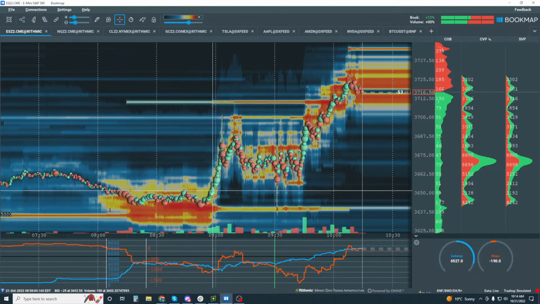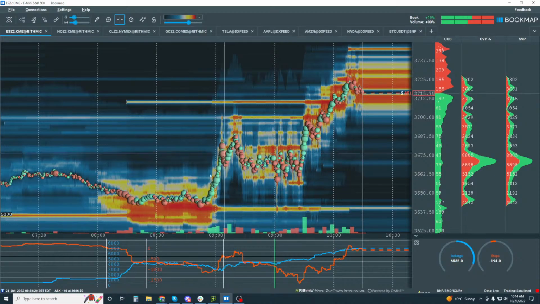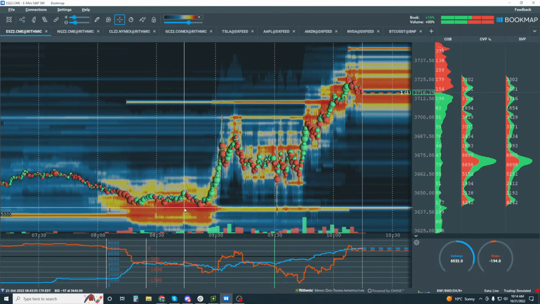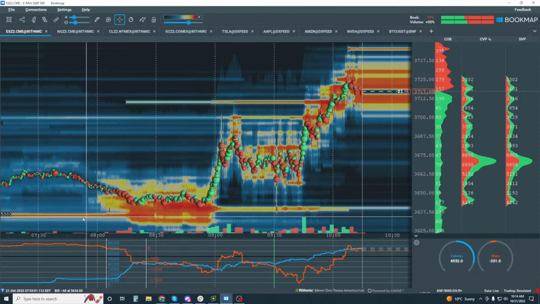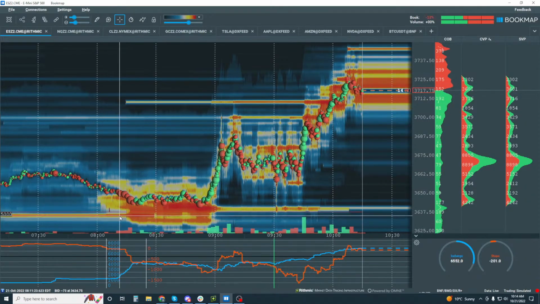And we see the reaction. Now this is obviously hindsight, but we see this again and again and again, and just picture this and put it into the auction process: that there are buyers interested in buying ahead of this 35 level here.